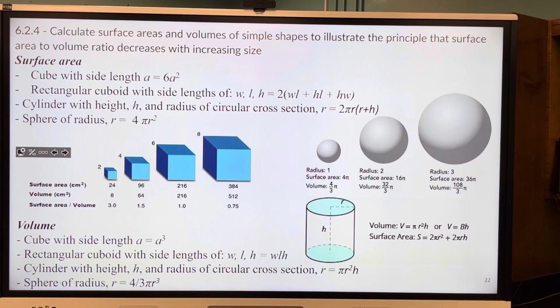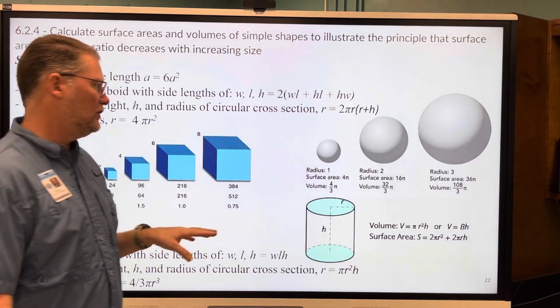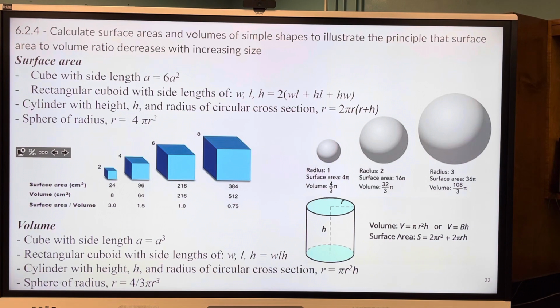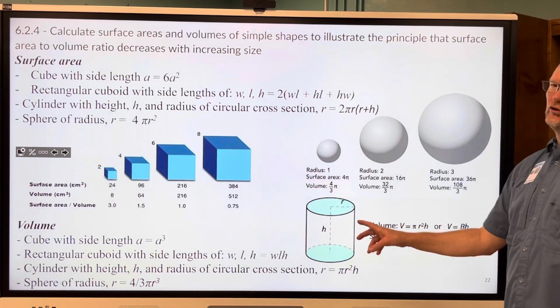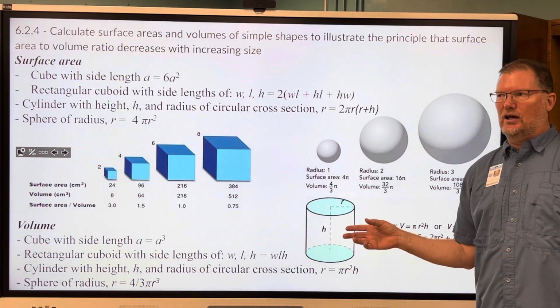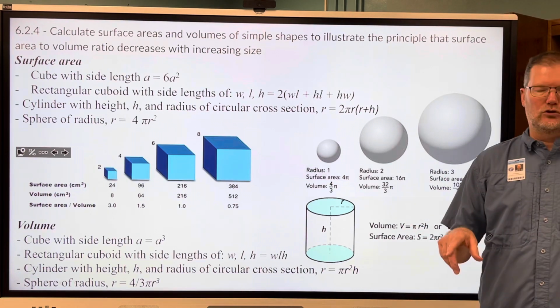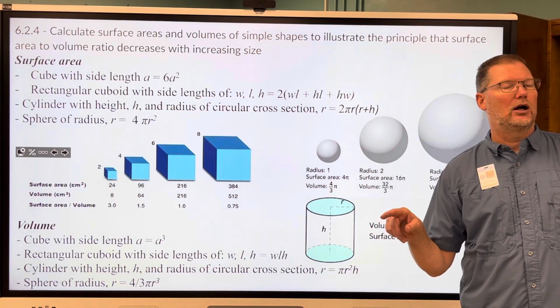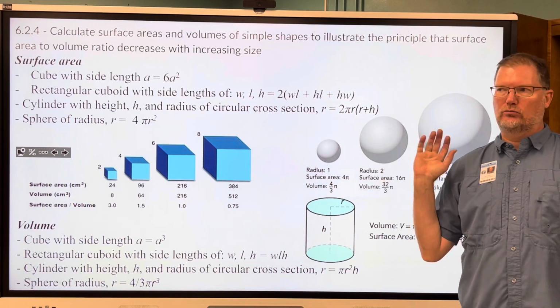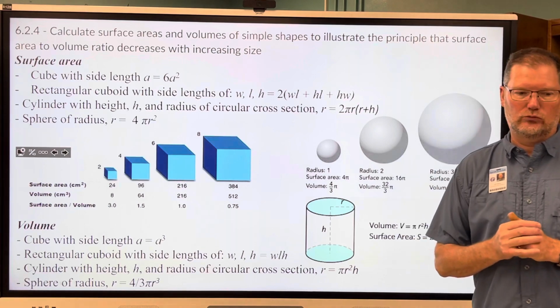Now we're going to talk more about what this means soon, okay? What these numbers mean. These are just here kind of for reference for the shapes we're going to be talking about. And I only included the cylinder because it is mentioned in an activity, or a lesson you're going to do in the workbook next week, okay, as a way to remember all this stuff.